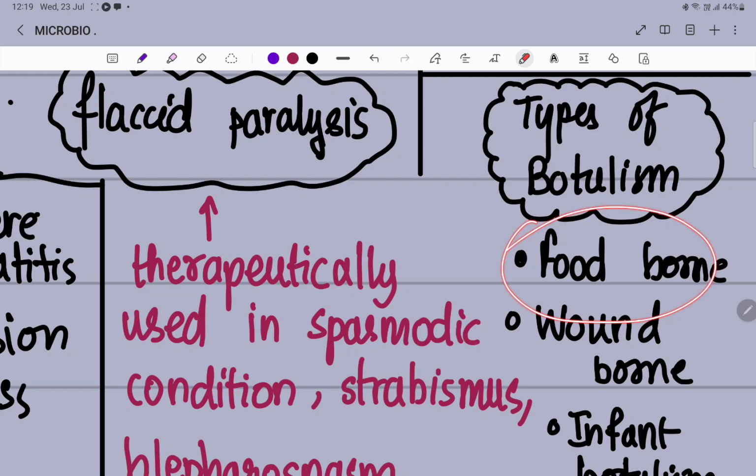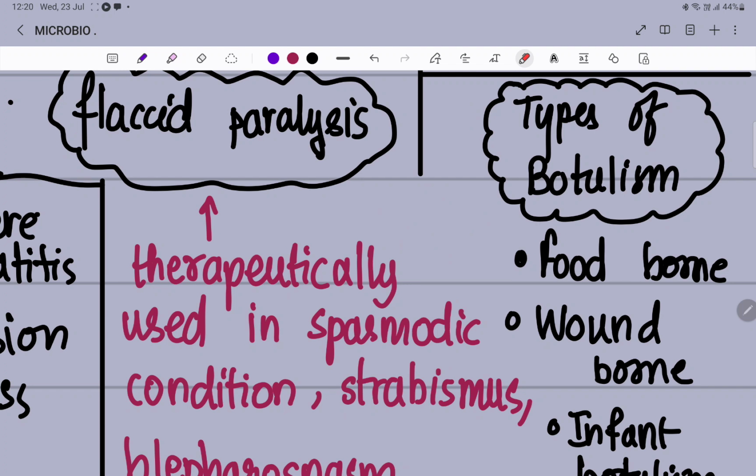First of all we have foodborne botulism. Foodborne botulism is due to consumption of food which is contaminated with preformed botulinum toxin. As we know, the spores cannot survive in an adult human, so there is already formed toxin which we consume.